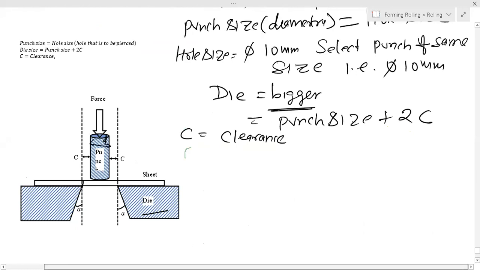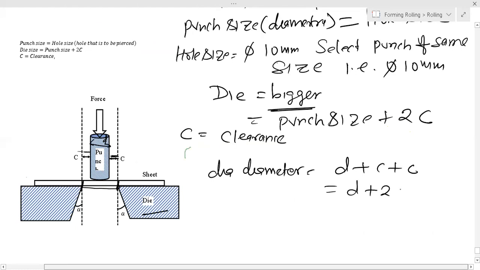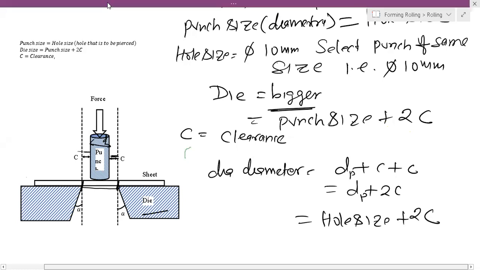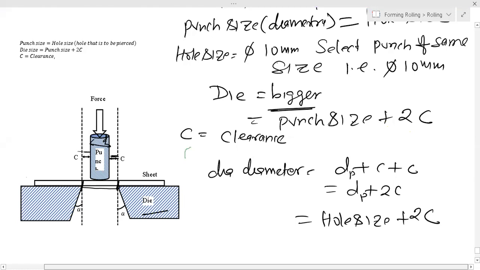And this is your die, and that die diameter is equal to D plus C plus C. That is your C. That is D plus 2C, where DP is your punch diameter, or we can say that is the hole size, plus 2C. And alpha is the taper provided for clearance.